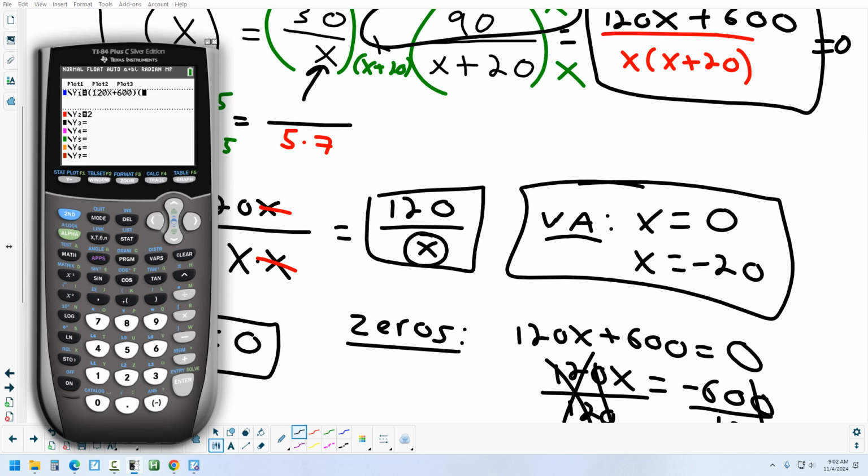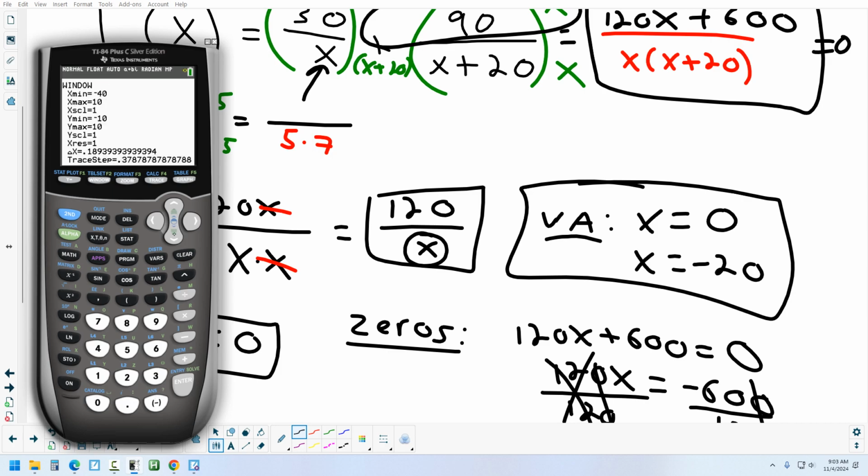What would you get if you multiply that x out? X to the power of 2 plus 20x. Yep. That's the simplest way I can type it in that I know of. Okay, so we're going to set x min, I'm going to say negative, let's do negative 40.